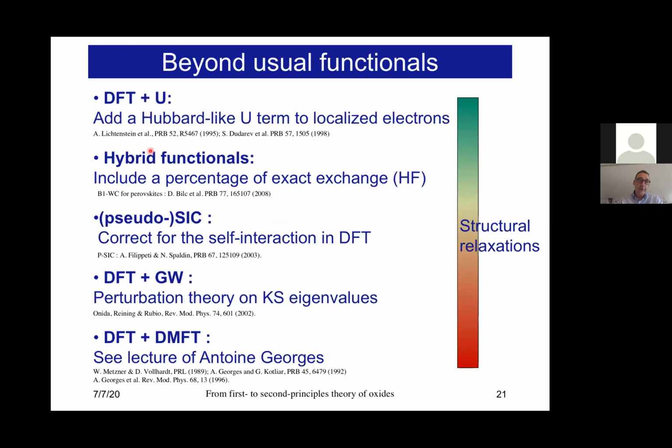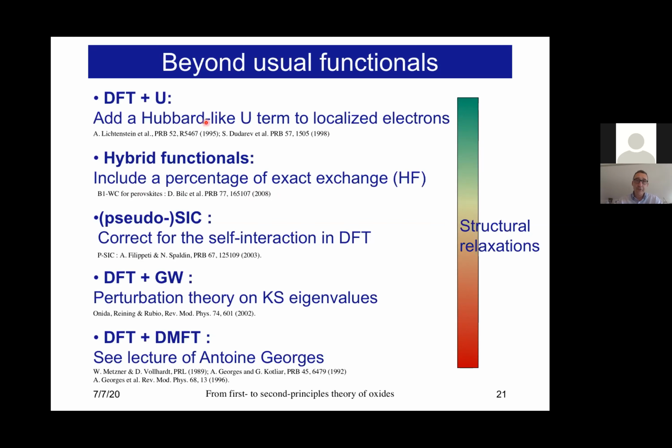We can also use hybrid functionals that are seen as basically a mixture between density functional theory and Hartree-Fock. Said like that, it looks like cooking. You know what is Hartree-Fock, you know what is DFT, then you try to make a mixture to improve things. There is some rational way to do that. And the idea here is to re-include in DFT a percentage of exact exchange in the spirit of Hartree-Fock.